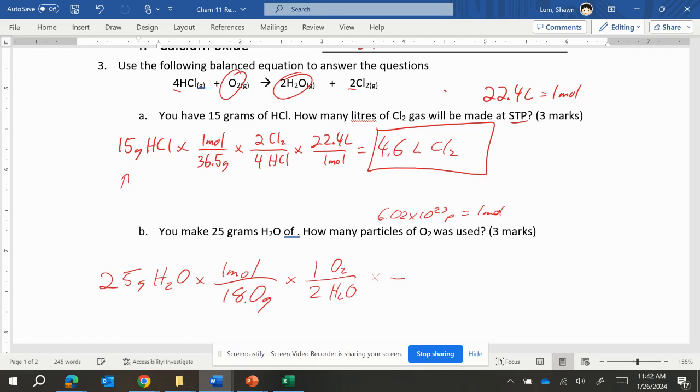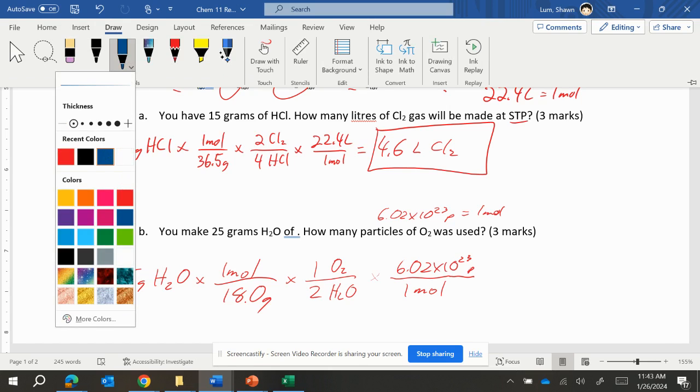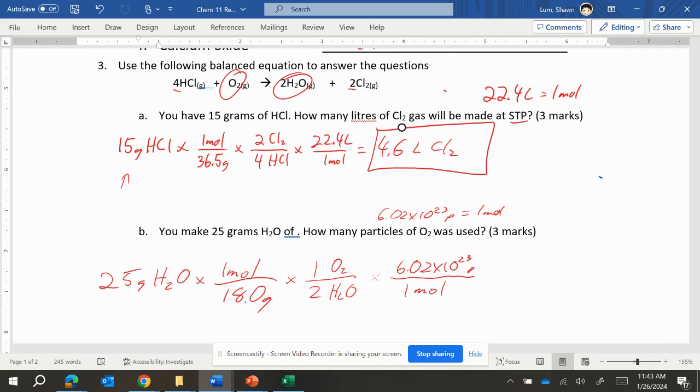And I don't want to be in moles of oxygen gas. I want particles of oxygen gas. I should have done it with the first one here, but what you should be doing is just make sure that you did everything right.